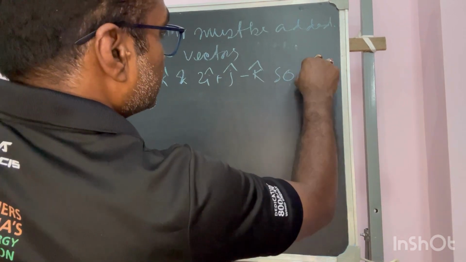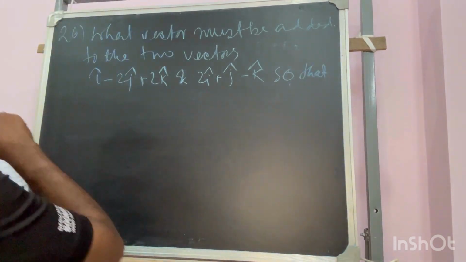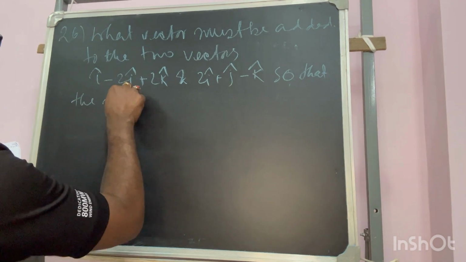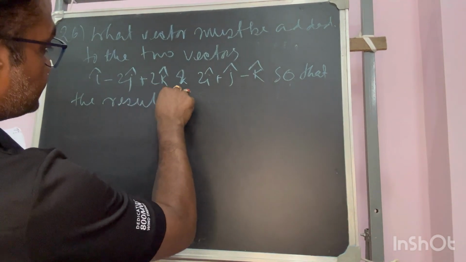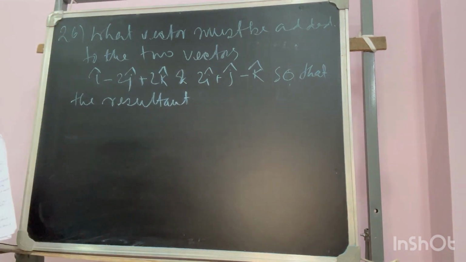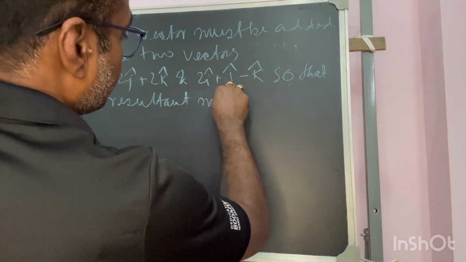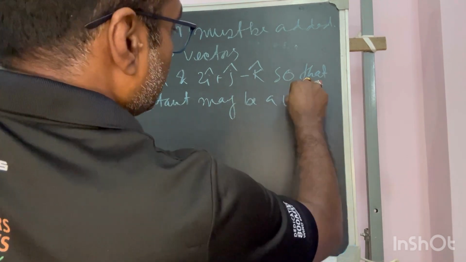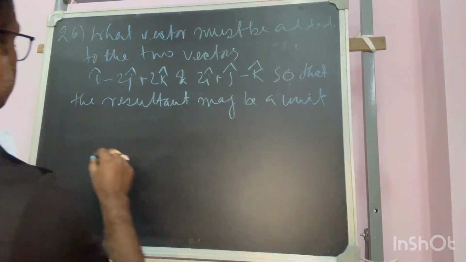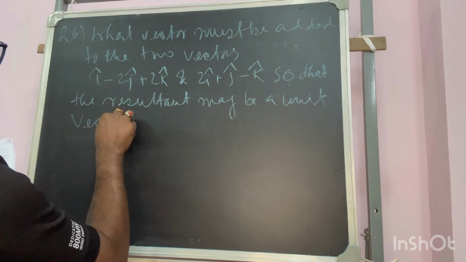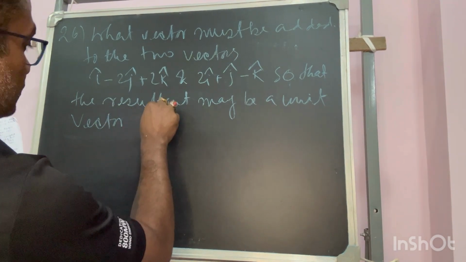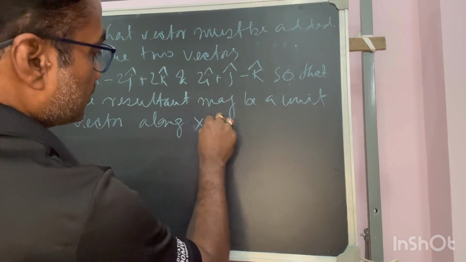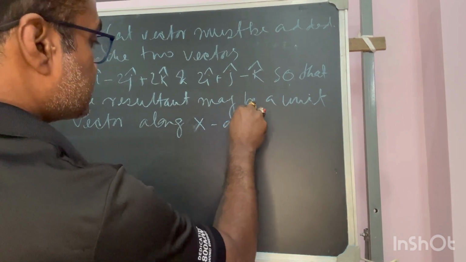so that the resultant may be a unit vector along the x axis.